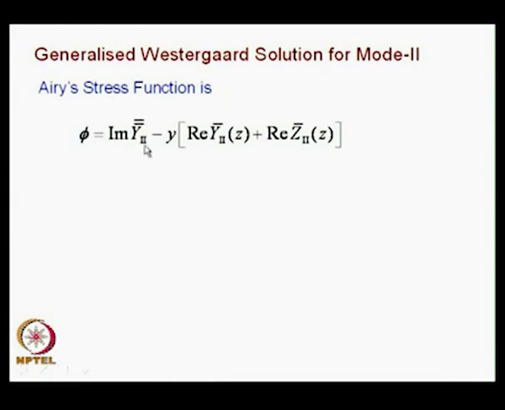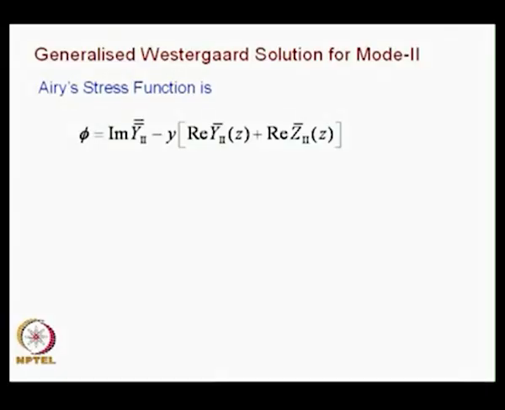imaginary part of Y2 double bar. Since we are discussing mode 2, I have put a subscript 2. When we discussed the mode 1 situation, we simply gave capital Z and capital Y. We did not give the subscript 1 there. Since we are discussing specifically the mode 2 situation, we are putting the subscript 2 here.